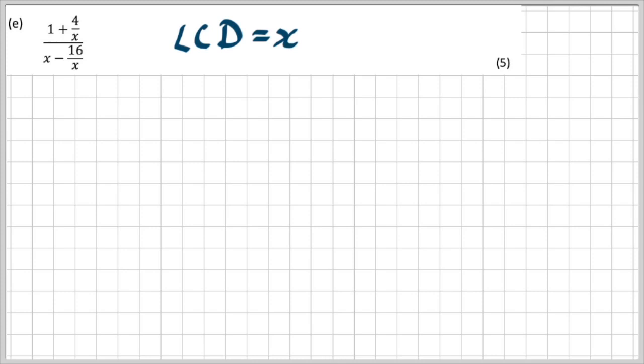Because my LCD is x, I'm going to multiply the numerator by x as well as the denominator by x. I'm allowed to do that, ladies and gentlemen, because I'm multiplying both the top and the bottom, the numerator and the denominator, by x. So when you've got this now, I can distribute that in.